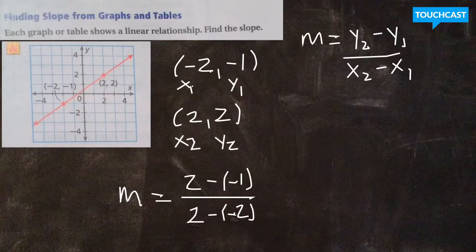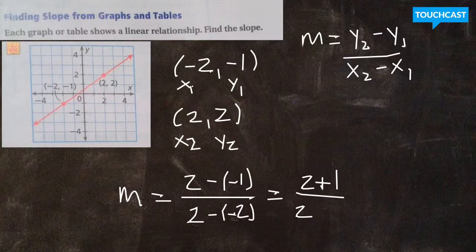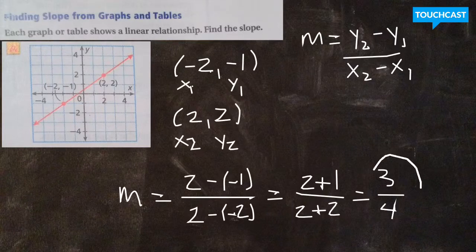Well, that's going to basically give us 2 plus 1 in the numerator over 2 plus 2 in the denominator. 2 plus 1 is 3, and 2 plus 2 is 4. So our slope is just 3 over 4, or 3/4.